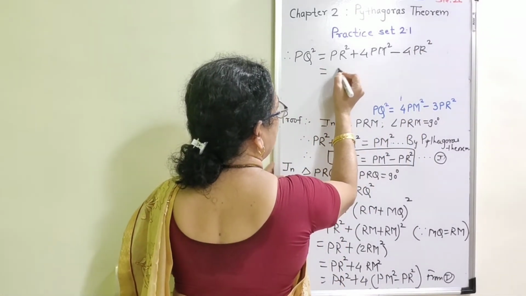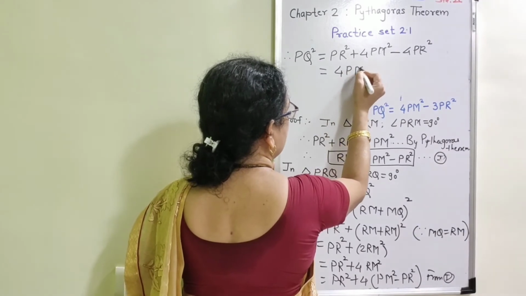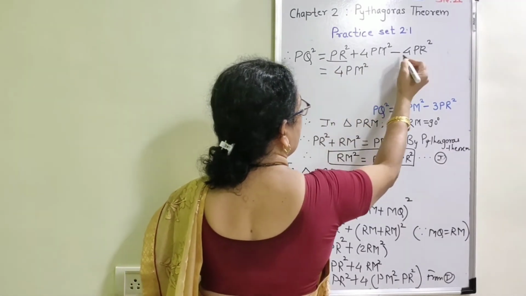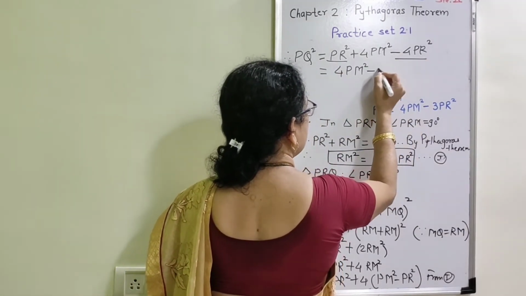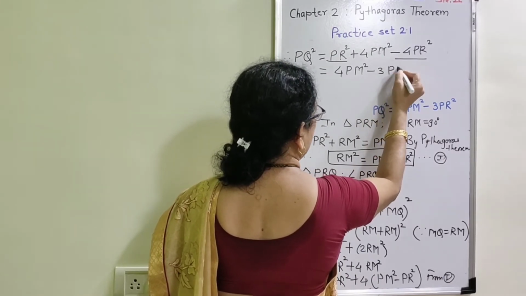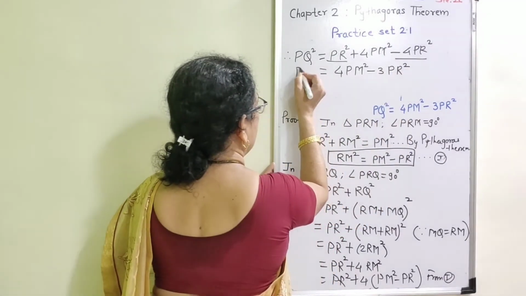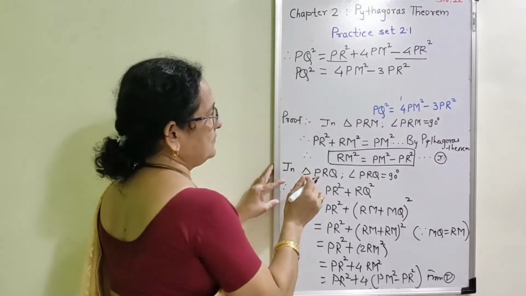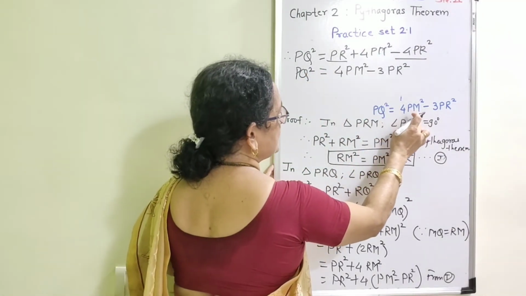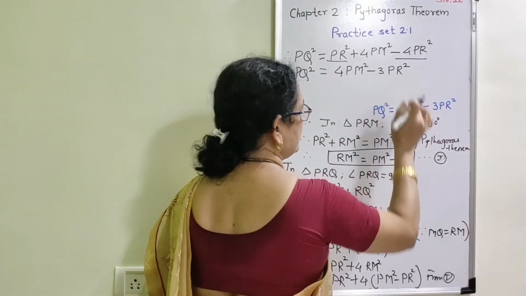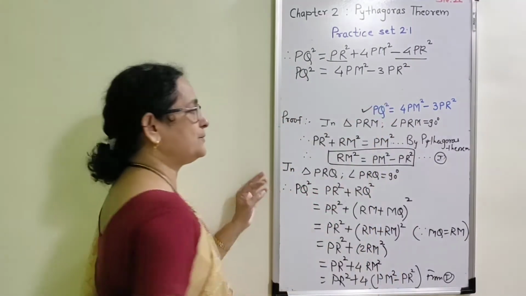Which is equal to 4PM square, and PR square minus 4PR square is equal to minus 3PR square. Therefore PQ square is equal to 4PM square minus 3PR square. This is what you were going to prove.